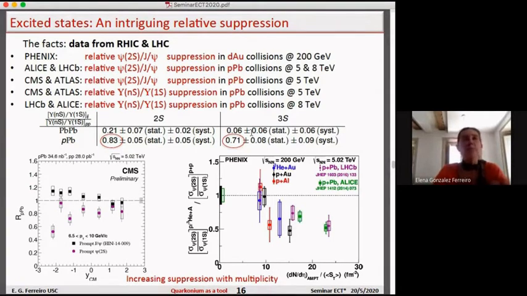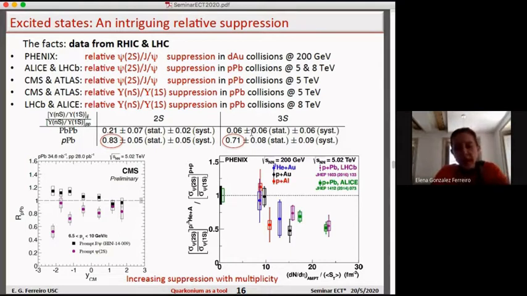You cannot use both the nPDFs and the color glass. You should choose; they are different frameworks, but both correspond to an initial effect that can reproduce the ground state data.